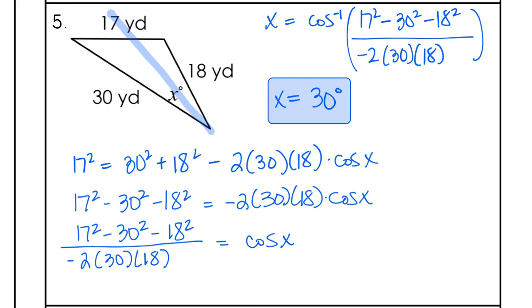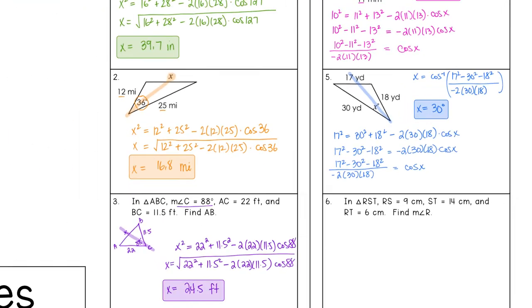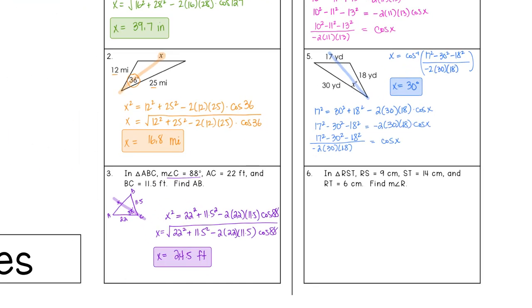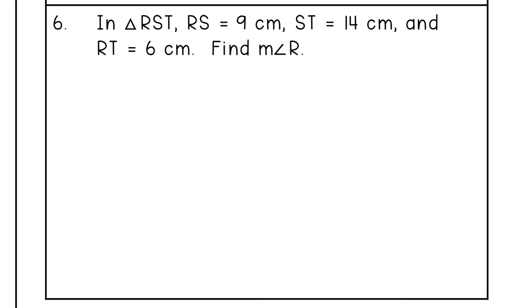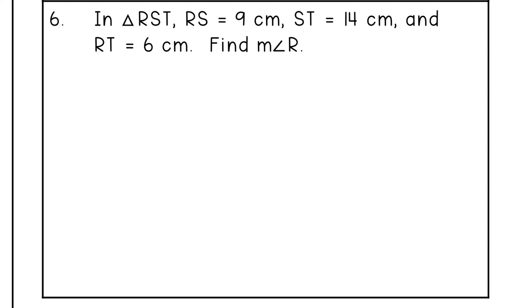Okay, and last one. This one is a word problem, no picture, but we're going to draw our own picture. In triangle RST, RS is 9, ST is 14, and RT is 6.